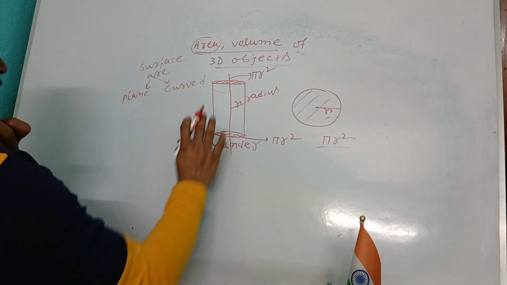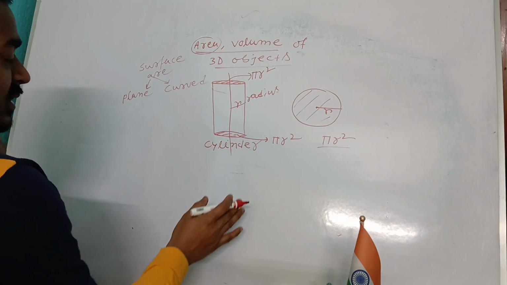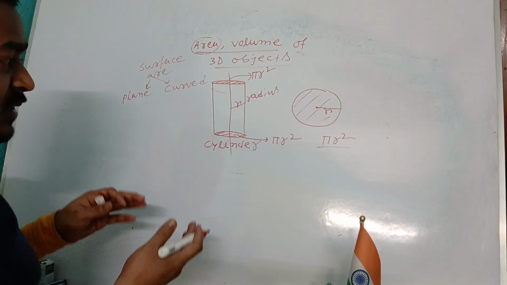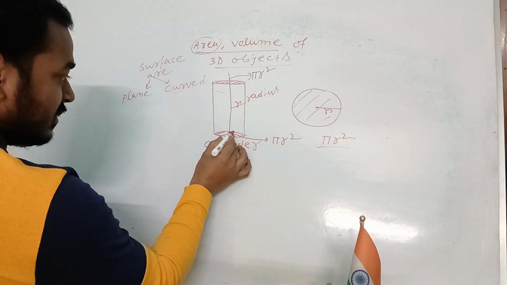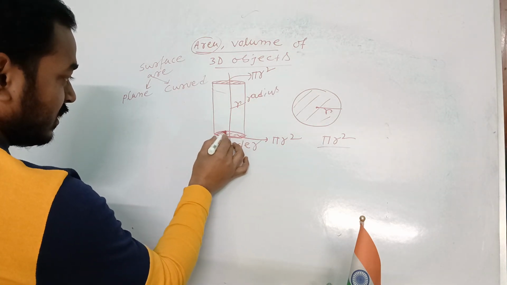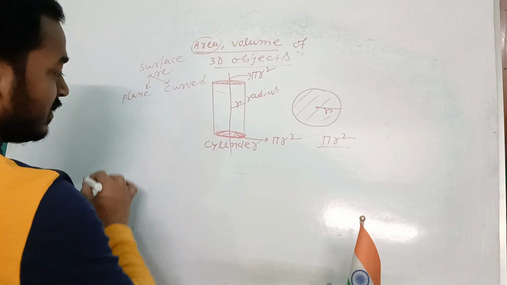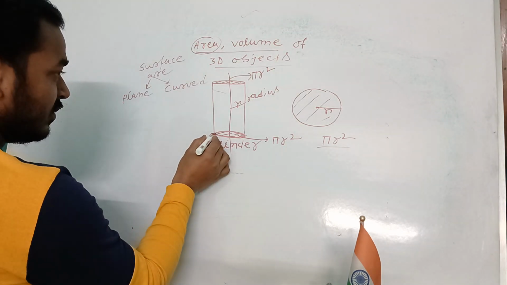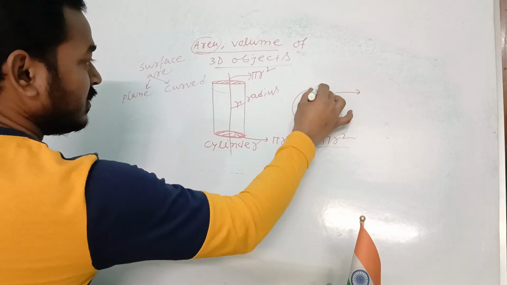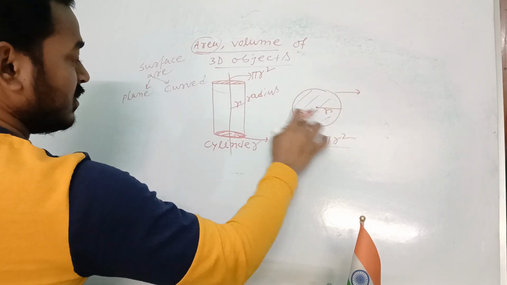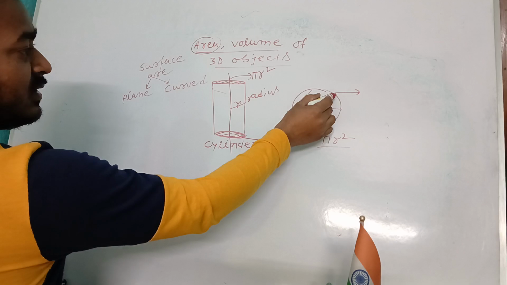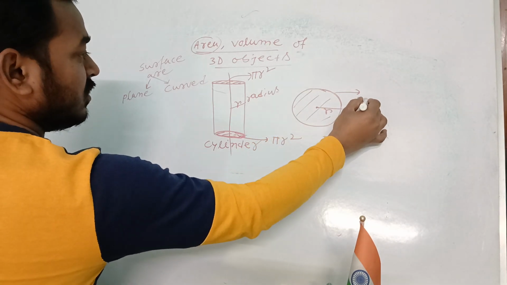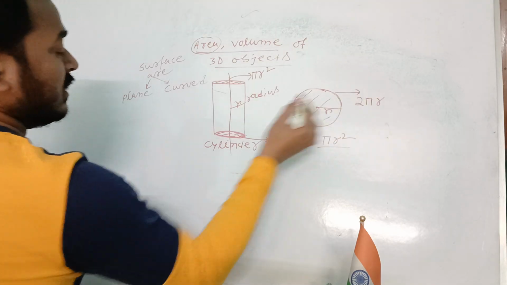So next one, what is the curved surface area? How to find the curved surface? You just tell me what is the circumference of this circular region. The circumference of a circle, we know, is the length of this line, 2 pi r.